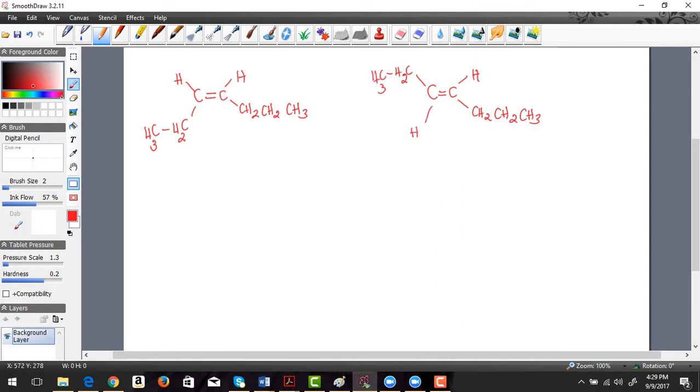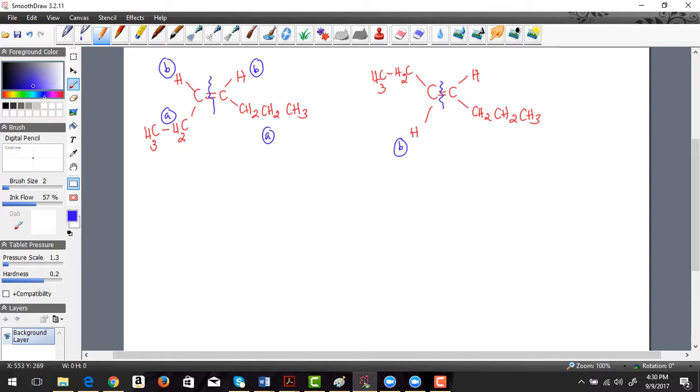This is what I had, right? Now I said, you get my blue. This is the bigger of these two groups. You just look at it on either side of the double bond. On this side, this is bigger, so that gets A. On this side, this is smaller, so it gets B. On this side, this is the bigger group, because it has a lot of carbons and hydrogens. This is small B. Same for here.